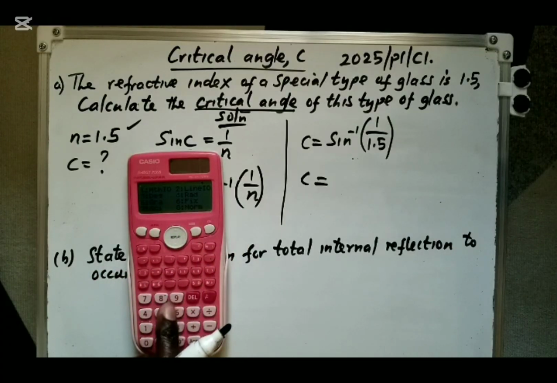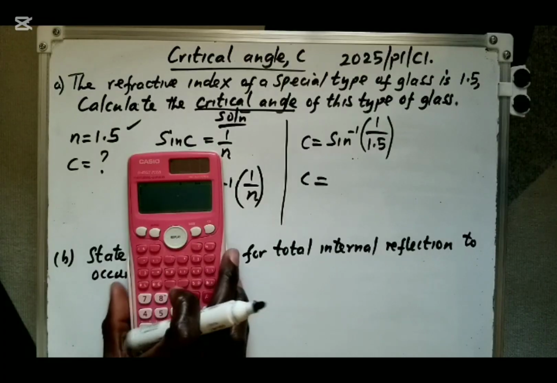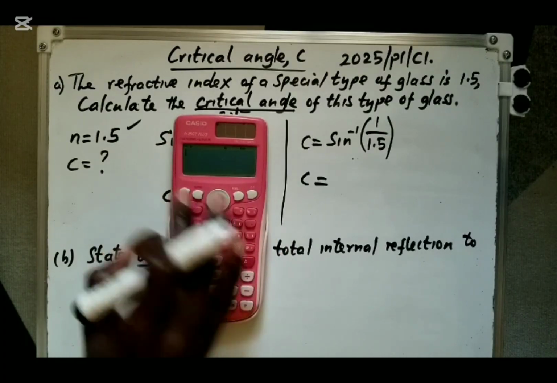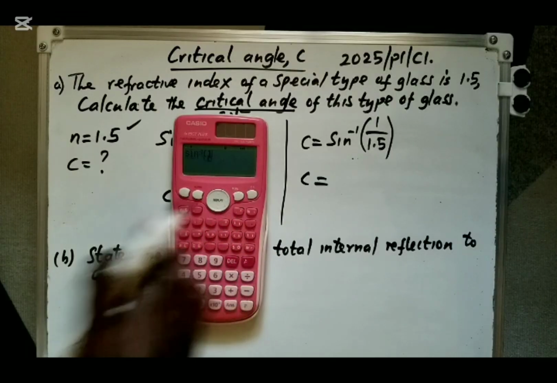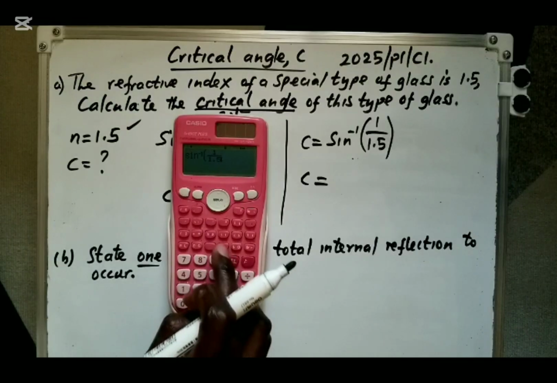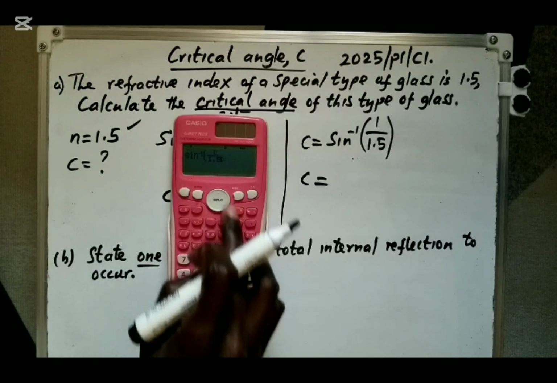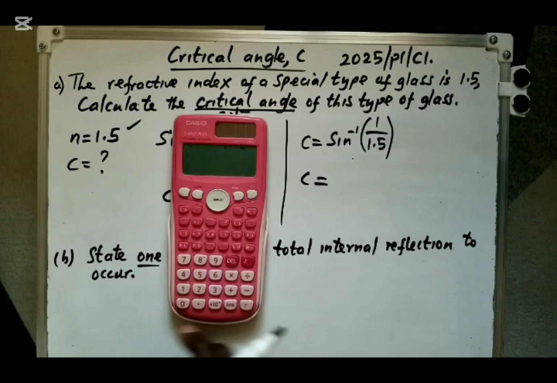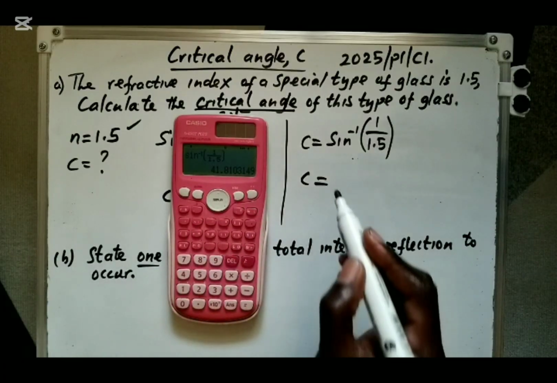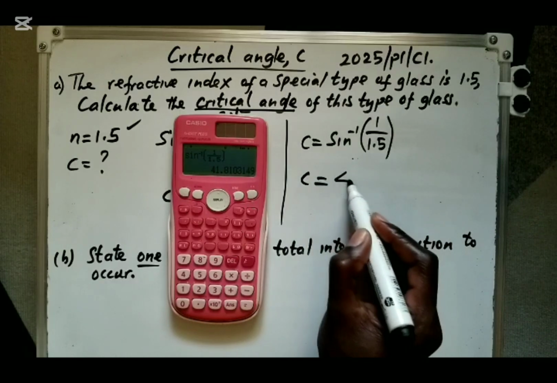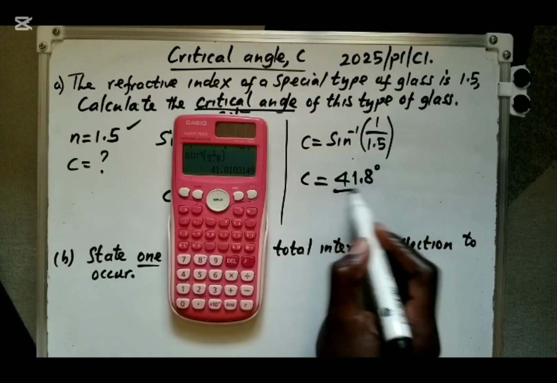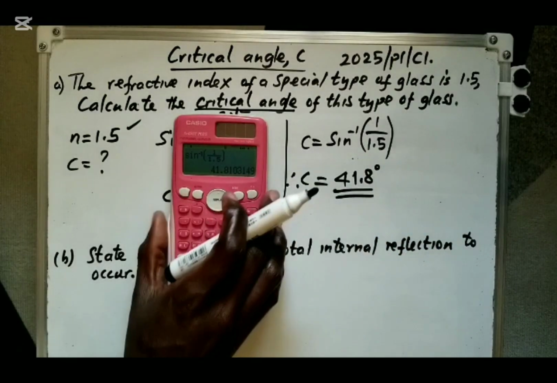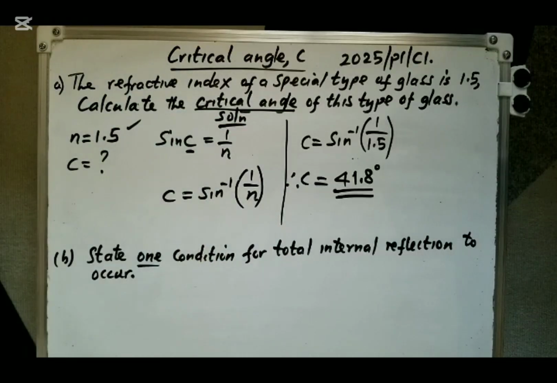So make sure that your calculator is in degrees. So again, shift or second function sine inverse, then 1 over 1.5, and that is simply going to give you what you want. Angles are given to one decimal place, so if you look at what I have, it will be 41.8 degrees, and that is the critical angle for this type of material.